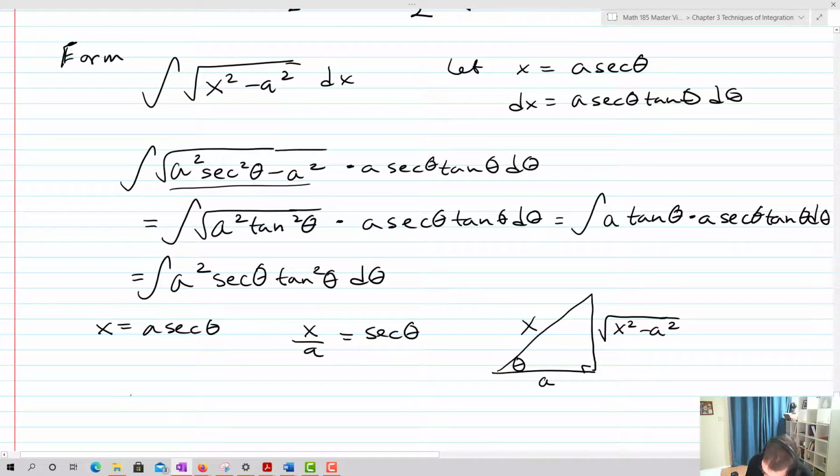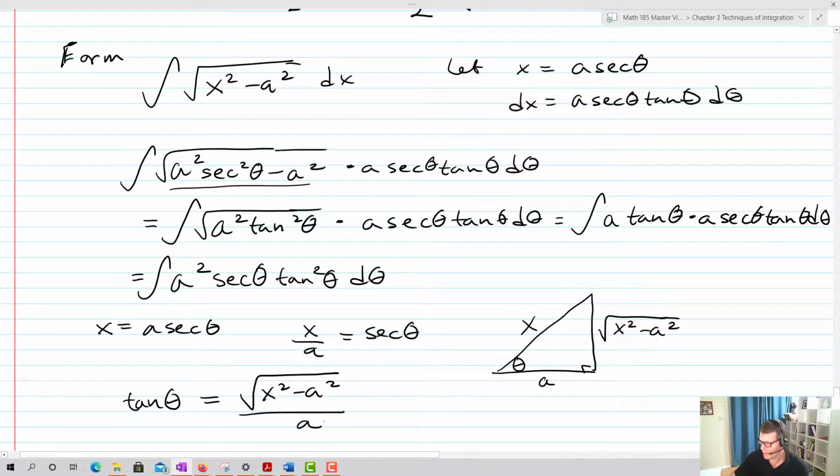So tan theta will equal the square root of x squared minus a squared, all divided by a. And that is the general substitution for a function that has something of this form, like the square root of x squared minus a squared.